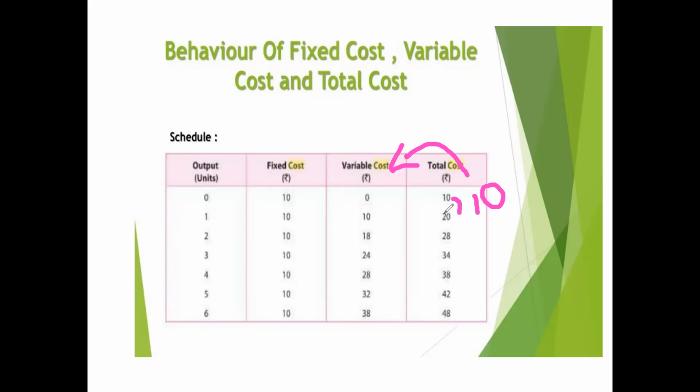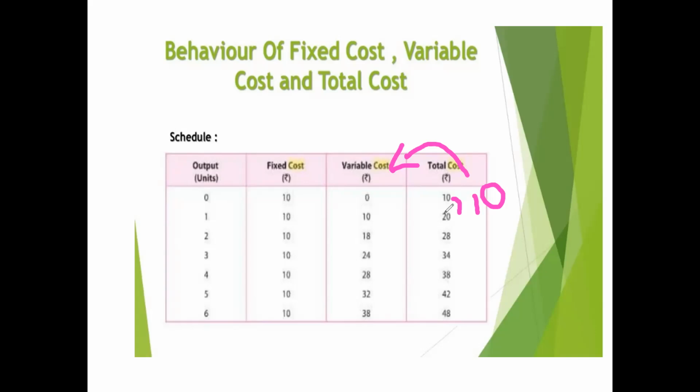So at least within the short run, if a producer cannot cover their variable cost, definitely they have to leave the market. They have to switch off from the market.